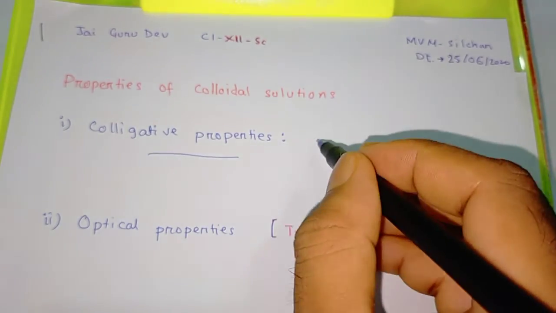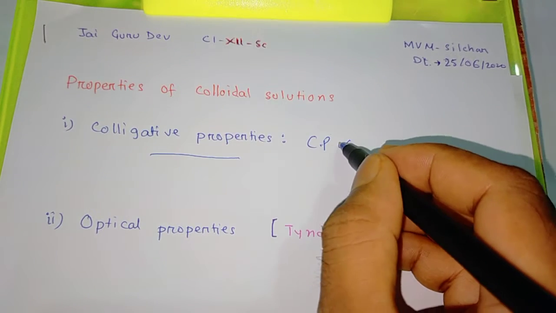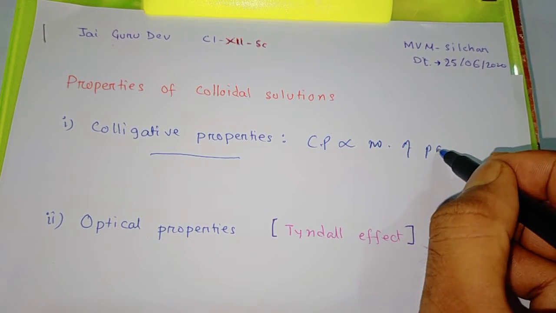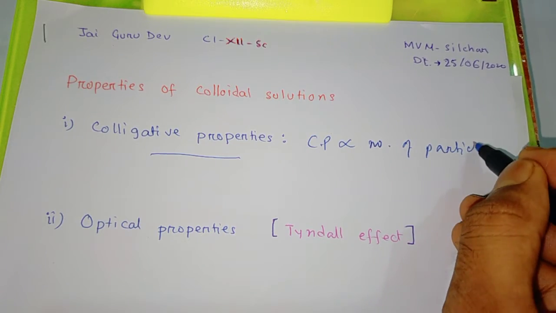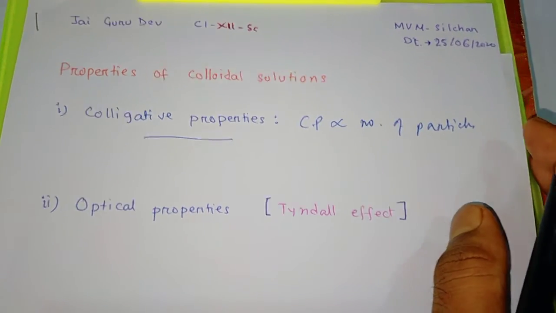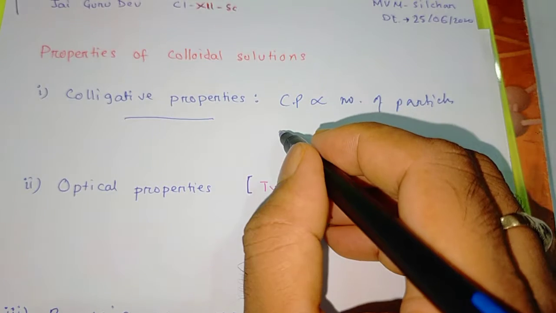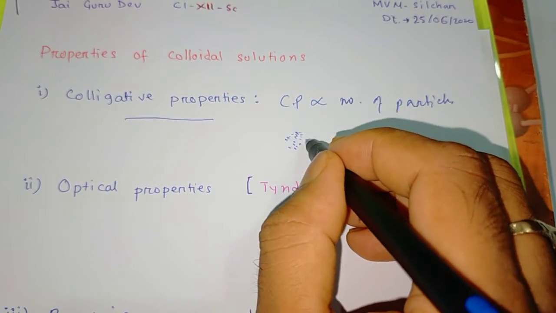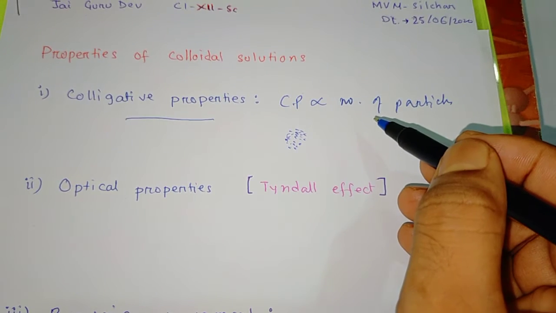If I consider that one with Cp, that depends on number of particles. Now in colloidal what happens? That small particles unite together to give you a bigger particle.